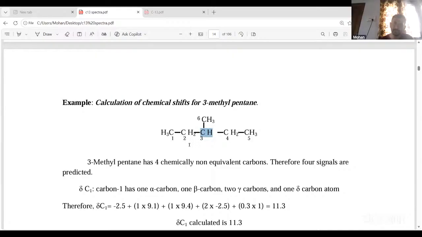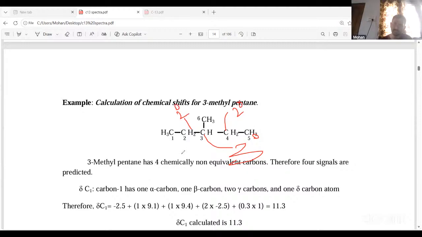and the C4 and C2. Okay, C4. So this is your tertiary carbon here, right? And the C4 is a secondary carbon. This is also a secondary carbon.